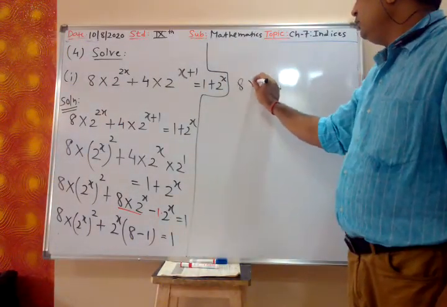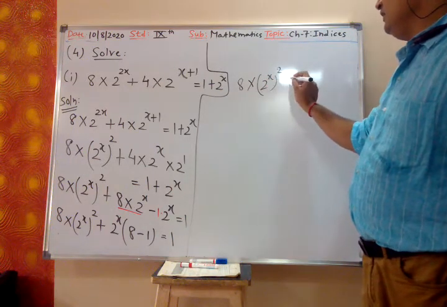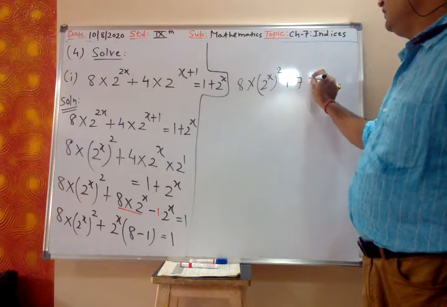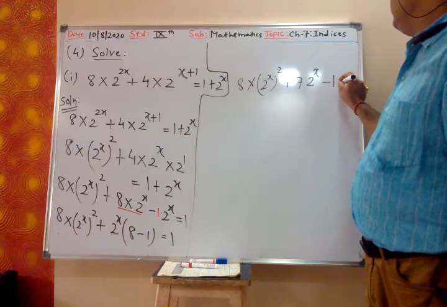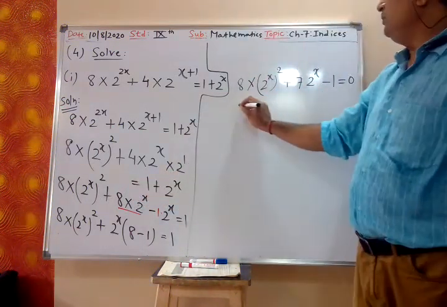8 into 2 raised to x square. Then 8 minus 1 is 7. Plus 7 into 2 raised to x minus 1 is equal to 0.